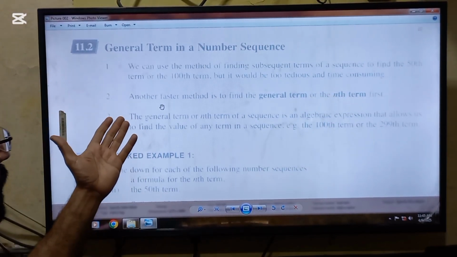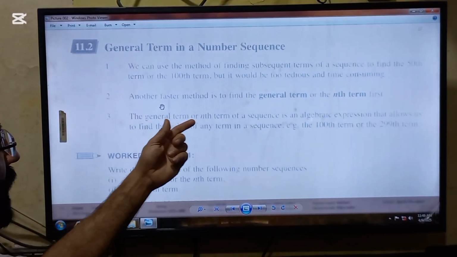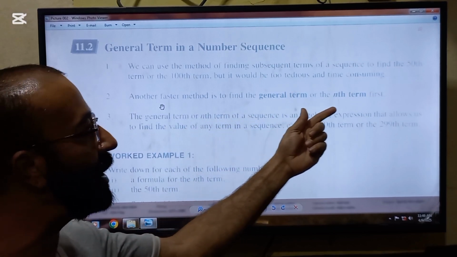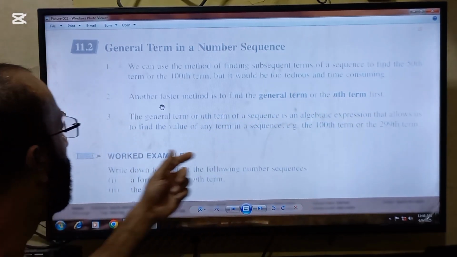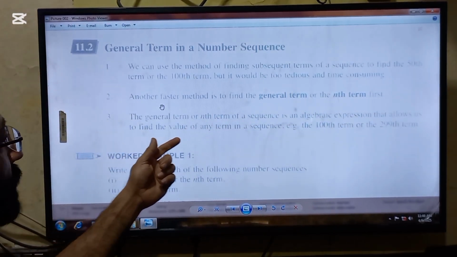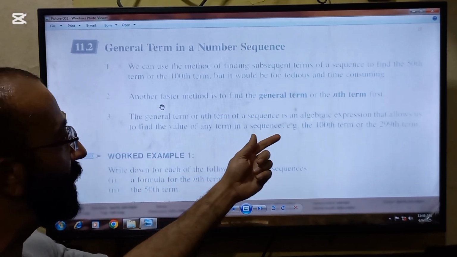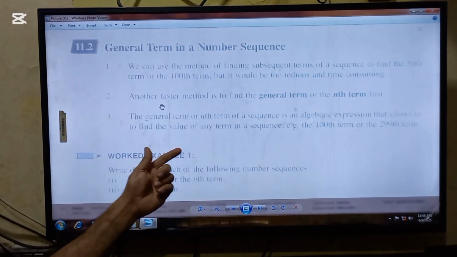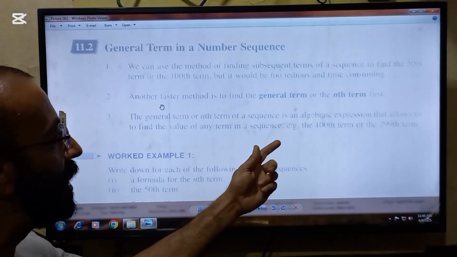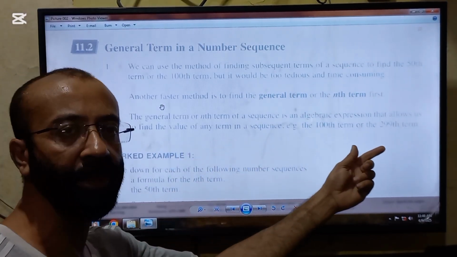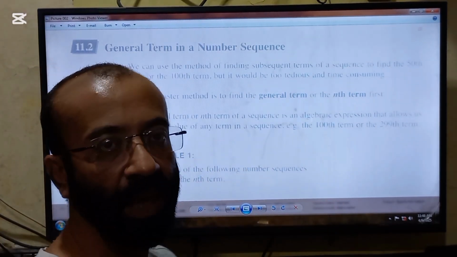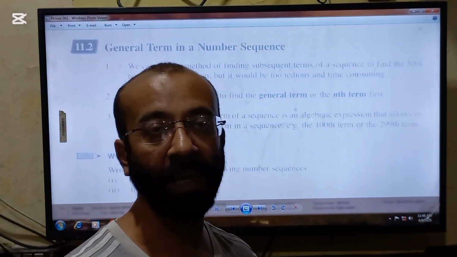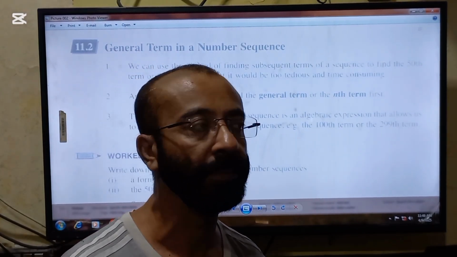Another, faster method is to find the general term, or the nth term, first. Third, the general term or nth term of a sequence is an algebraic expression that allows us to find the value of any term in the sequence, for example the 100th term or the 29th term. So what we are going to learn is how to find the nth term.